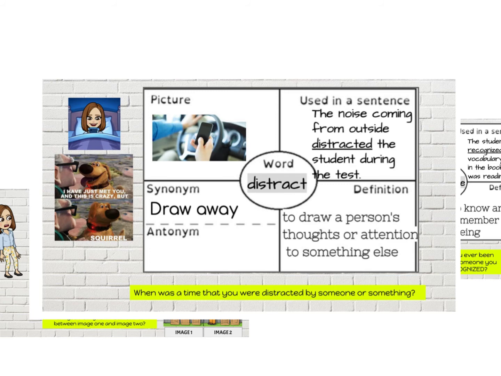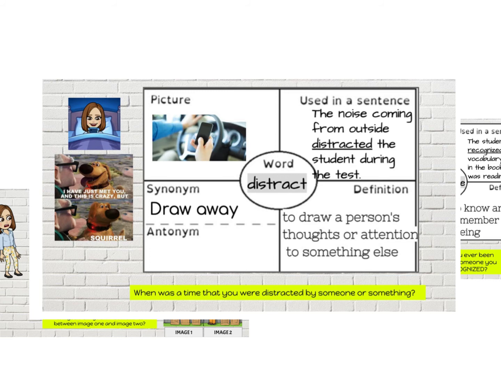Very good. Notice that definition, to draw a person's thoughts or attention to something else. I also notice I can use it in a sentence. The noise coming from outside distracted the student during the test. Oh no. Also, notice a synonym for the word, draw away.